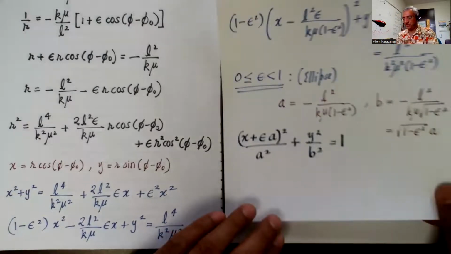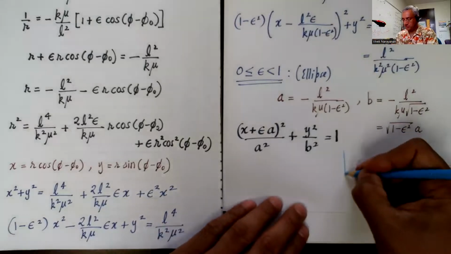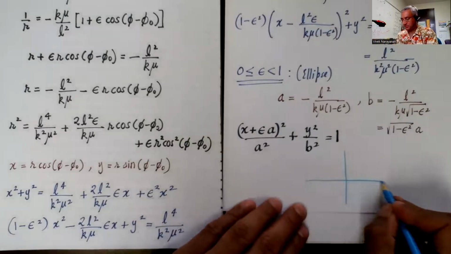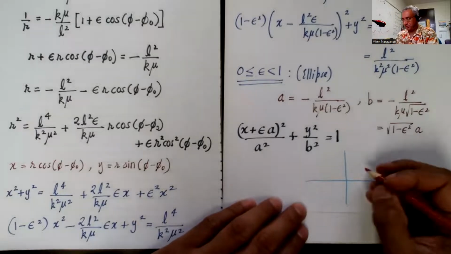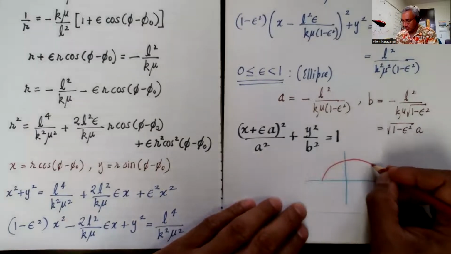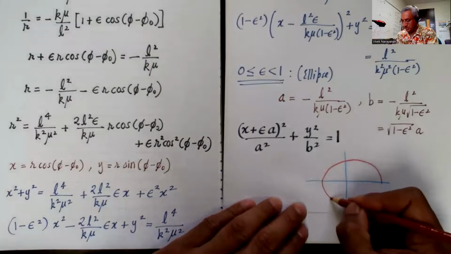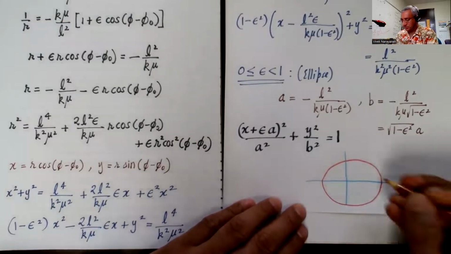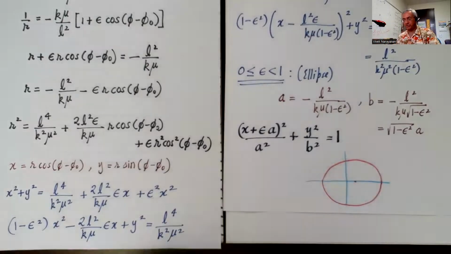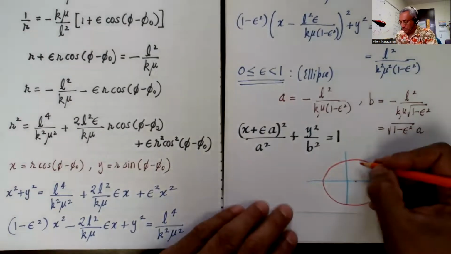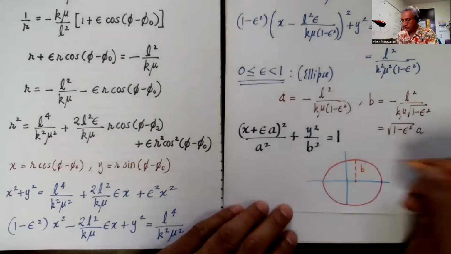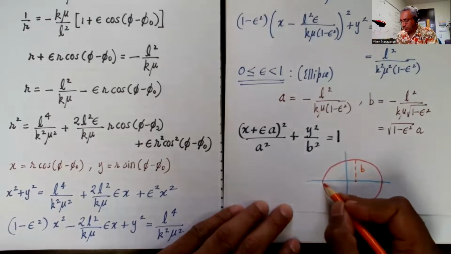This ellipse is very simply drawn. That should be displaced a little bit. So the center of the ellipse, if you wish, is going to be that. The semi-minor axis is that, and the semi-major axis is this.